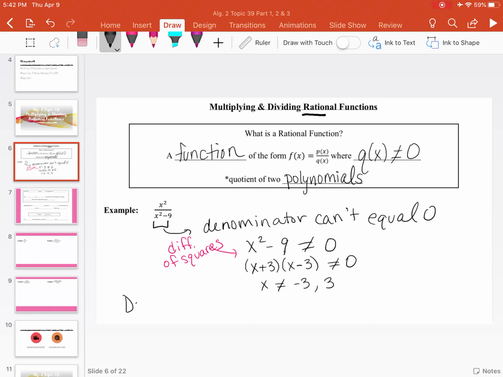The domain is all real numbers except when x is 3 or negative 3. So those are our two exceptions here, because if we were to plug those in, we would get 0 on our denominator, and we can't have our denominator be equivalent to 0.